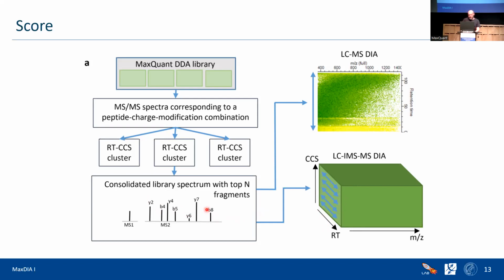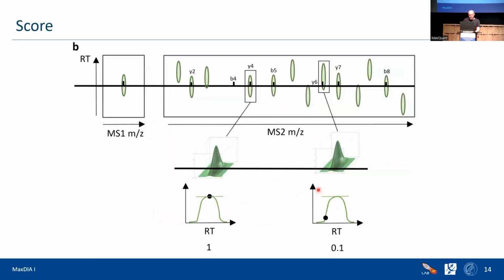Then, to judge if the library spectrum fits here or here, we have to calculate a score. And this is the first thing that is now done differently in the new MaxDIA version. The old score worked like this: at the given retention time, we look, do we find the precursor? So at the precursor mass of this library spectrum, do we see a feature?